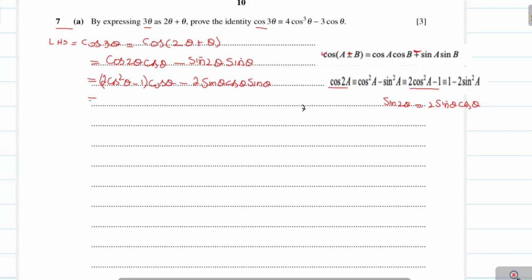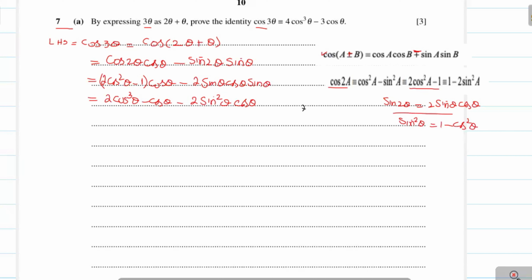Now next we write 2cos²θ minus 1. When we multiply by cos θ, we get 2cos³θ minus cos θ, and minus 2 sin θ times sin θ cos θ, which becomes sin²θ cos θ. Now for sin²θ, we use the formula sin²θ equals 1 minus cos²θ.